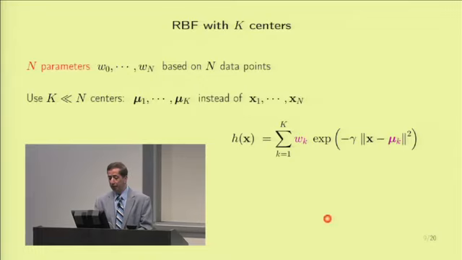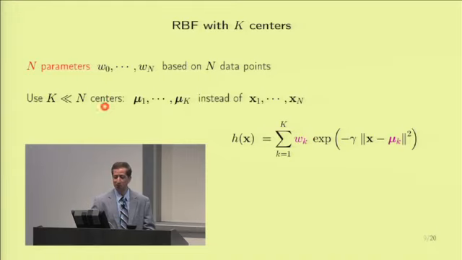The parameters here now are interesting because I have the wk's as parameters, and I'm supposedly going through this entire exercise because I didn't like having capital N parameters. I want only K parameters. But look what we did. The mu k's now are parameters, right? I don't know what they are, and I have capital K of them.